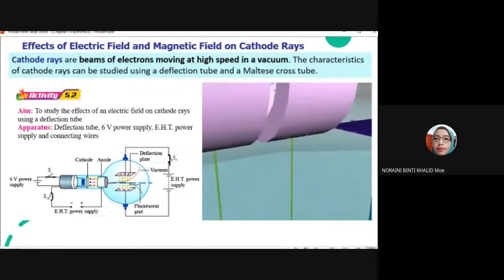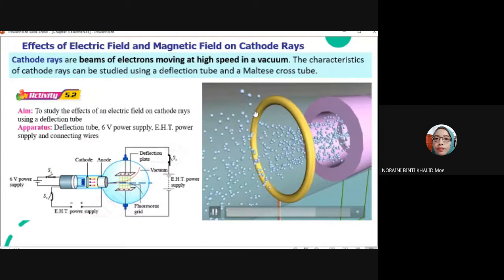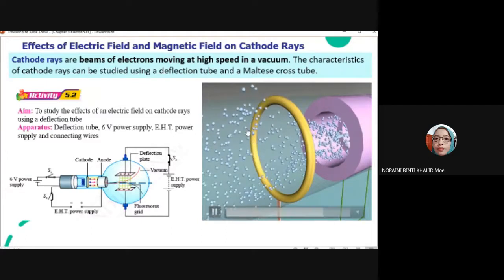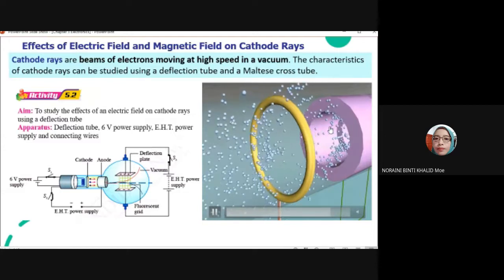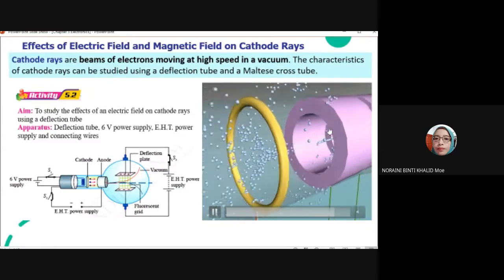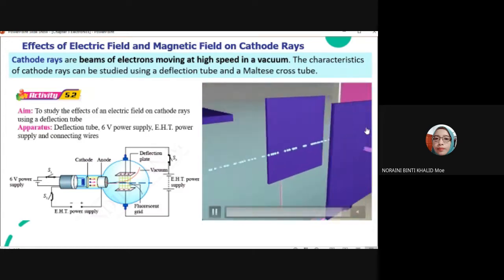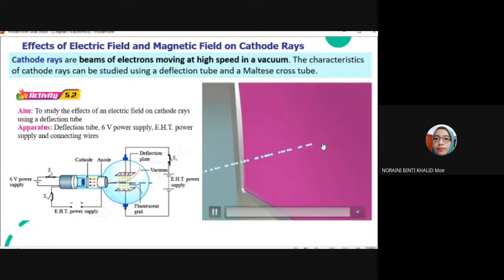When the grid is connected to a more negative potential, it will repel more electrons, or prevent electrons from going to the anode. Fewer electrons pass through the anode, so it will produce less brightness of light on the screen. So the grid actually controls brightness.